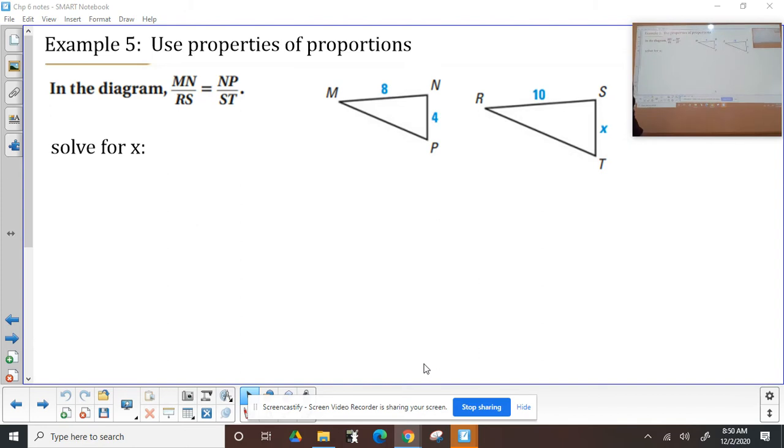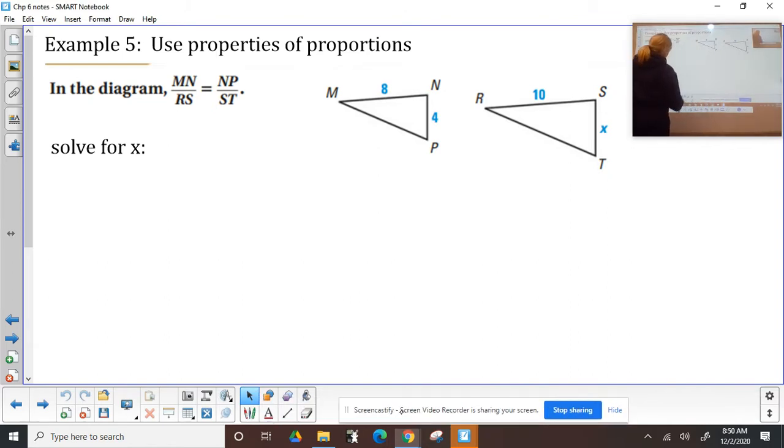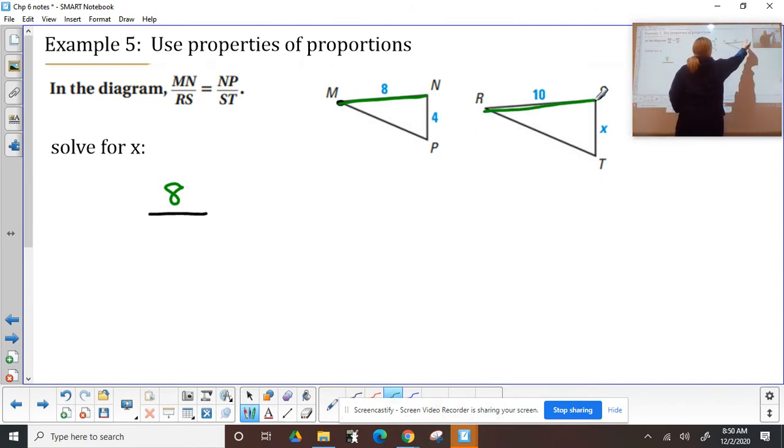So I have here that MN is equal to 8, which is this segment here. This segment here is MN, and it is 8. And that's going to be over RS, which is this segment here. You can see those are the corresponding parts for the similar figures.